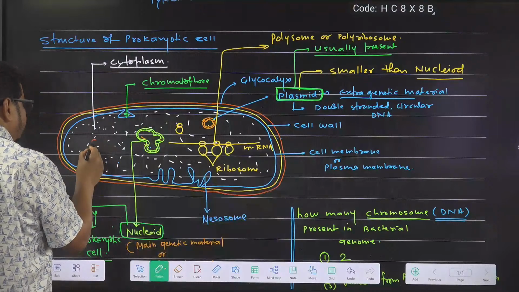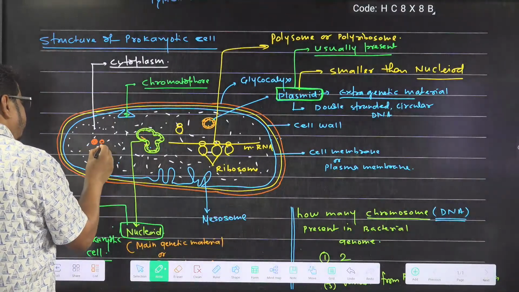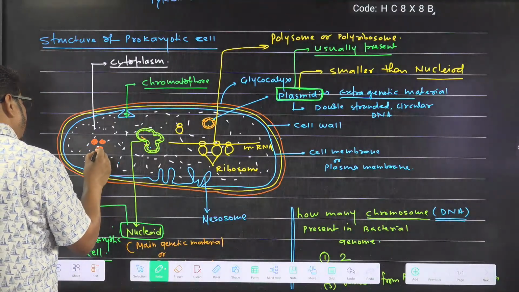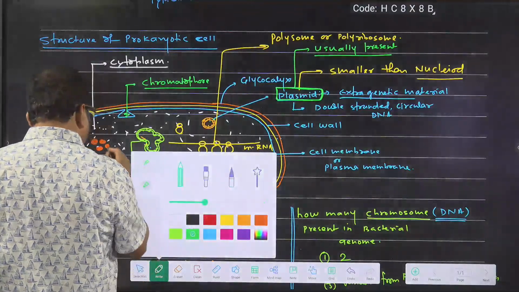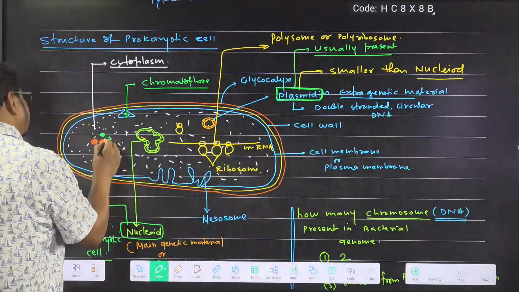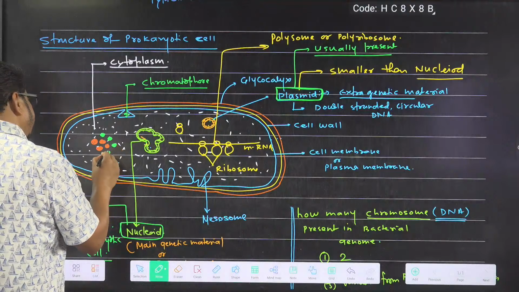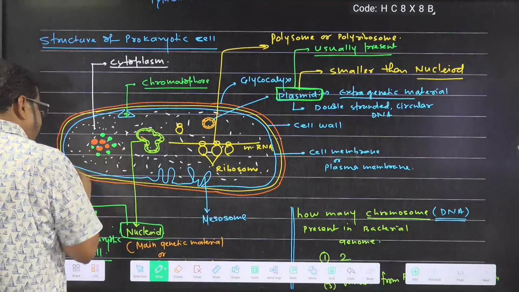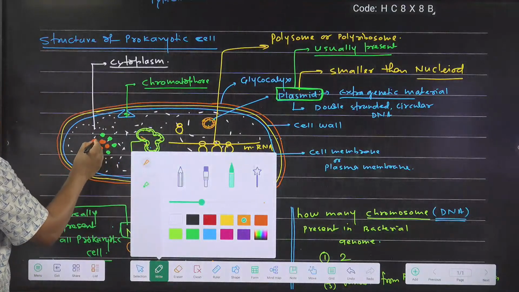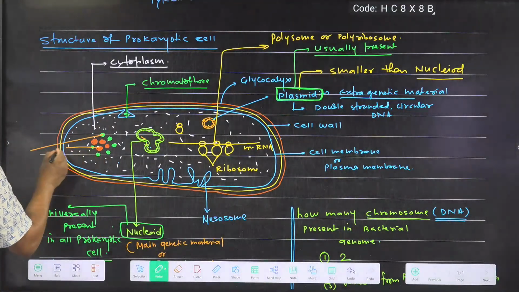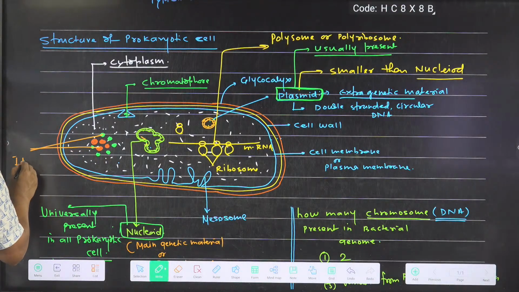Beside that, in a bacterial cell or prokaryotic cell, some storage granules are present. I will decode everything, don't worry. These storage granules are called inclusion bodies.